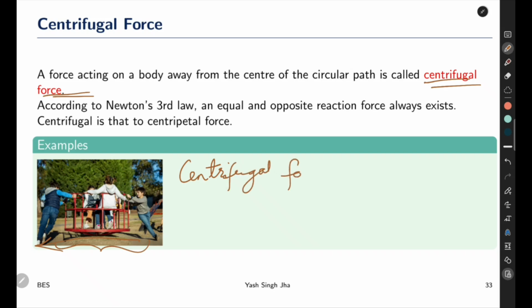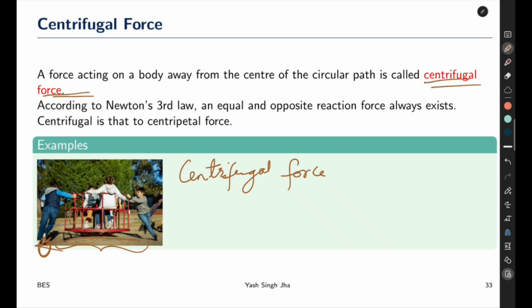One thing to note is that centrifugal force is not a real force. Centrifugal force is a pseudo force, that is, it does not exist. It exists only when you are sitting on the ride, on the jhula. Standing outside, centrifugal force wouldn't be needed to explain what is happening to you.